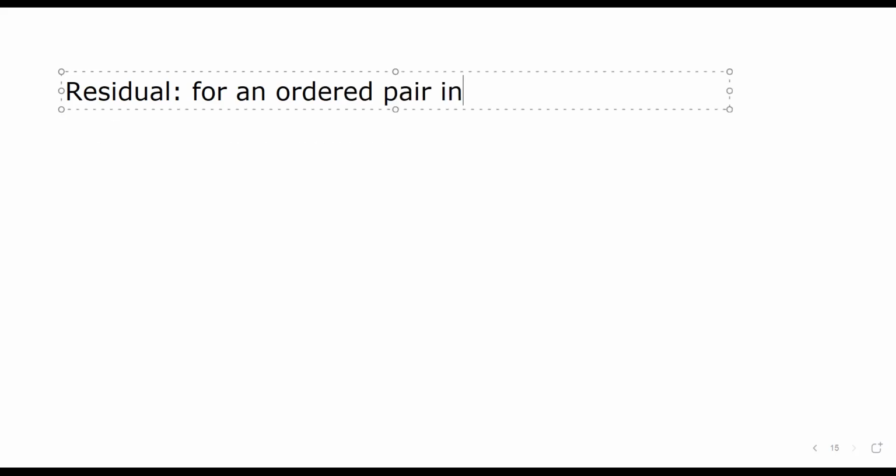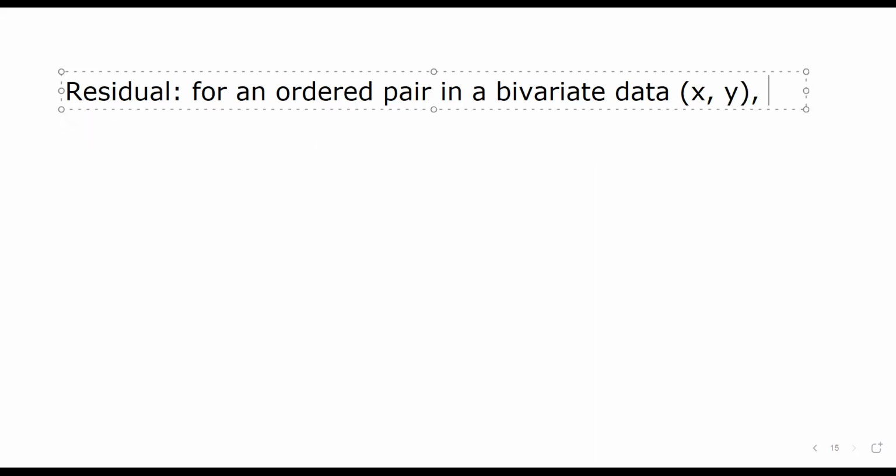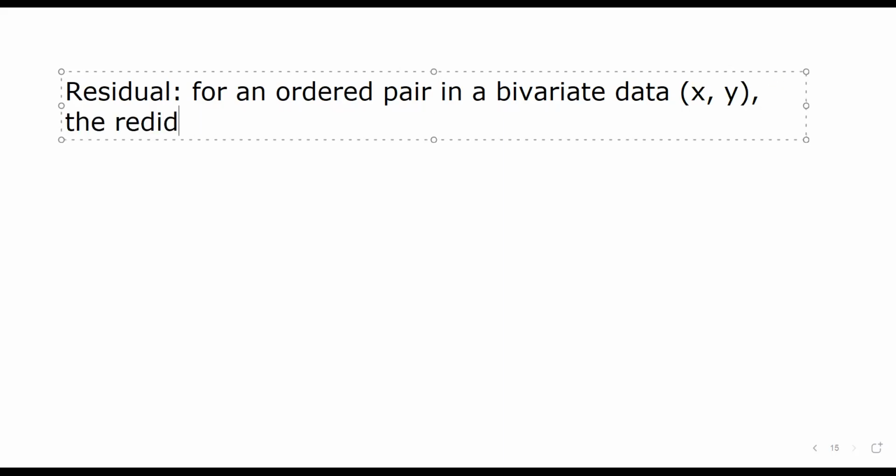For an ordered pair in a bivariate data set, and let's call the ordered pair x comma y, the residual is the observed y value.